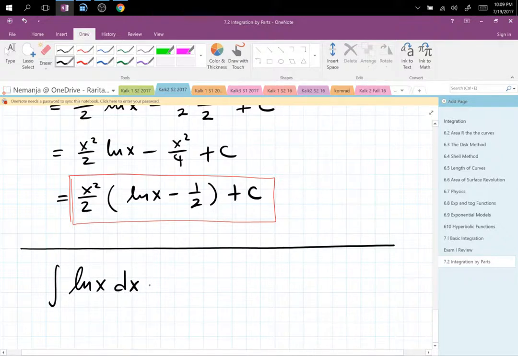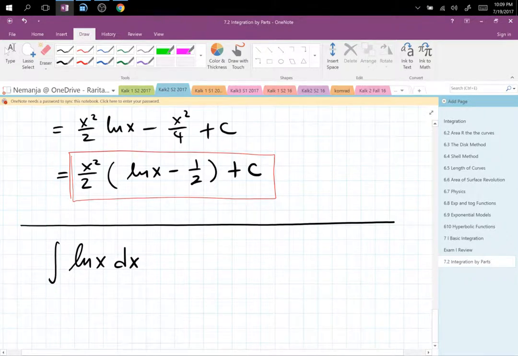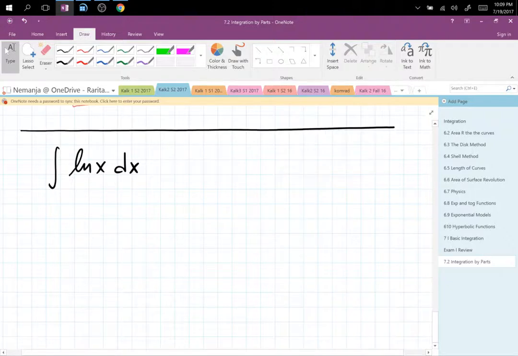So what is the integral of ln x? Well, let's do it. You can ask, what's the setup? I don't know how to do this. Oh, you memorized the answer.